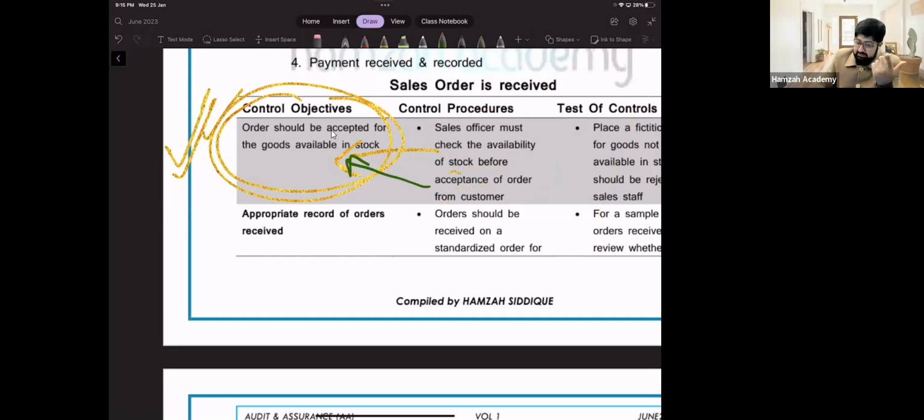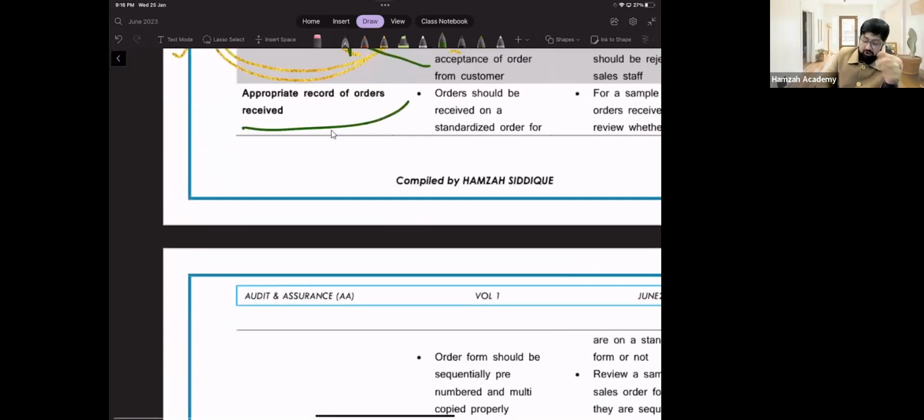Procedure, control. So, appropriate record of orders received.